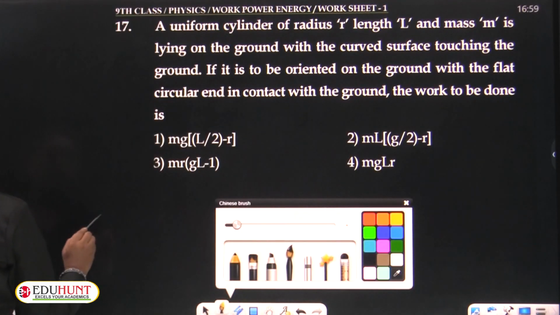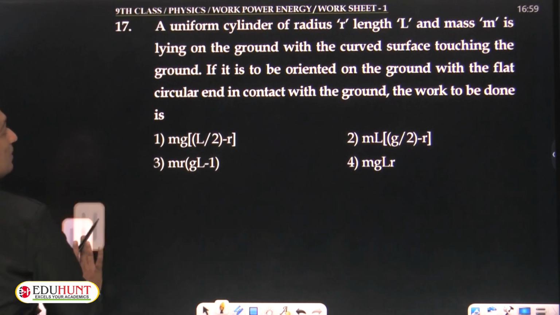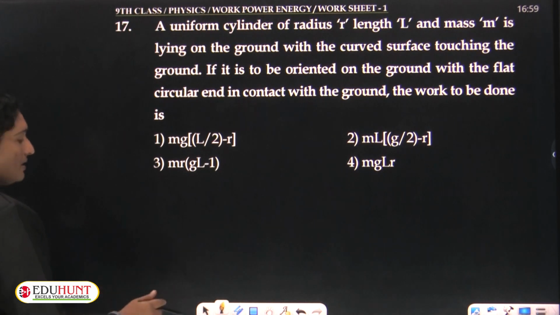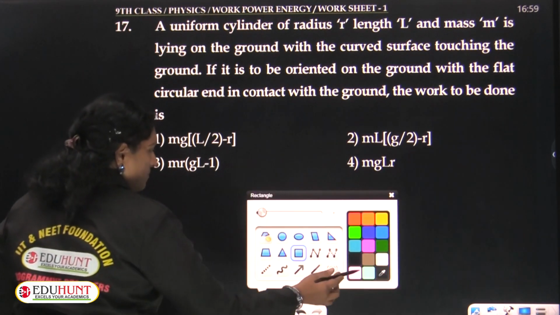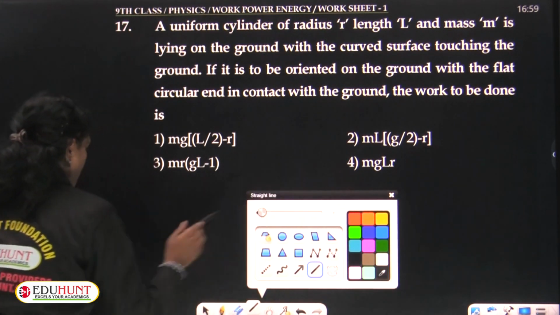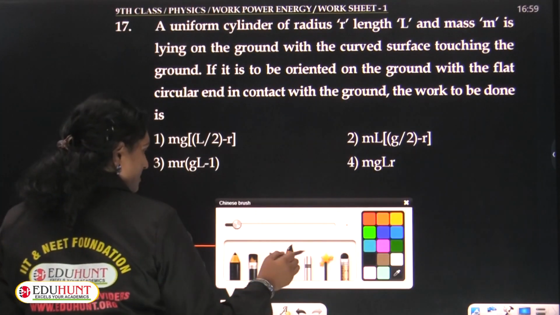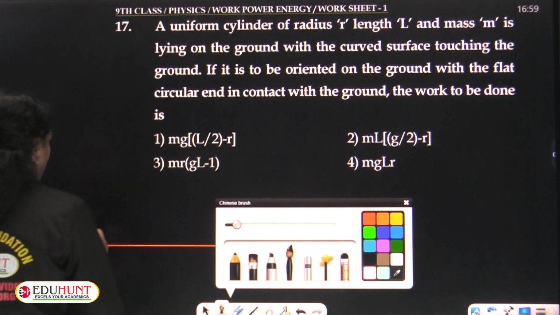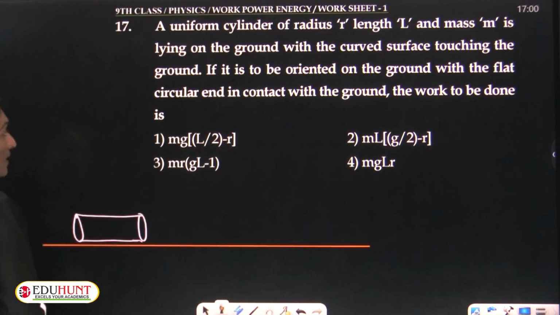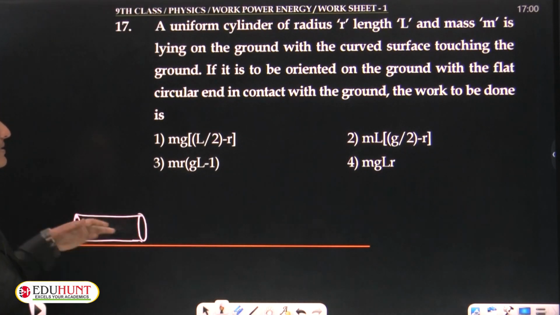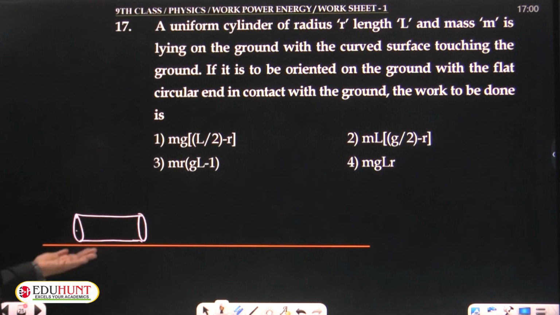This is how a cylinder looks like. A uniform cylinder of radius R, length L, mass M lying on the ground with a curved surface. This is the ground. A cylinder is being kept. So, uniform cylinder of radius R and length L and mass M lying on the ground with the curved surface touching the ground.